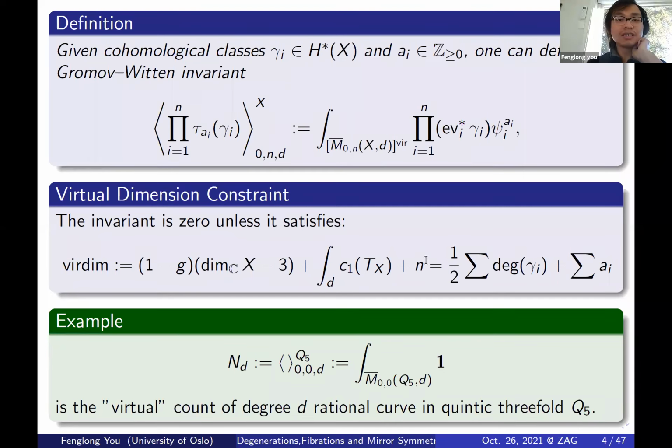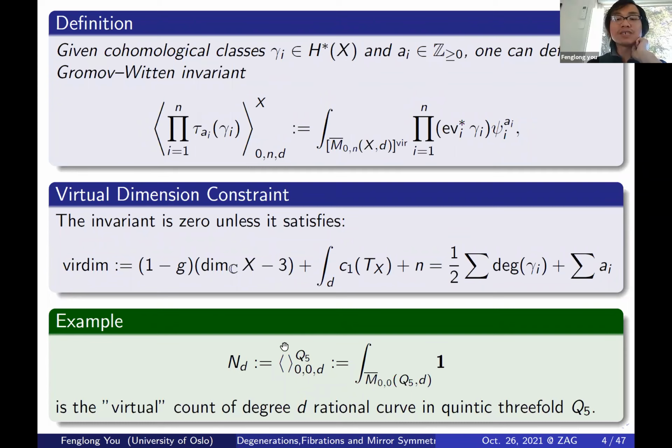And yeah, an invariant will be 0 unless it satisfies the virtual dimension constraint, which means the virtual dimension of the moduli space equals the sum of the degrees. For example, if we consider quintic threefolds, then the genus 0 quintic threefolds with no markings, then the virtual dimension is 0.